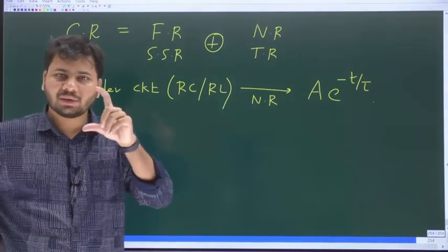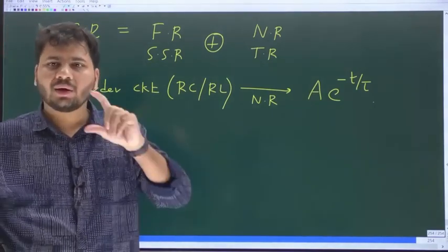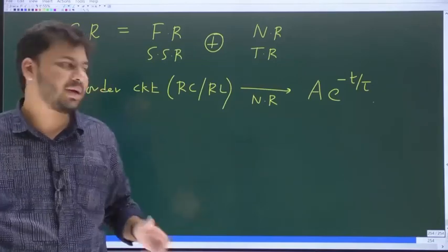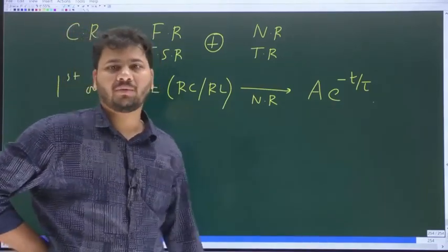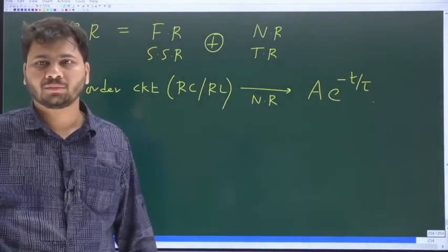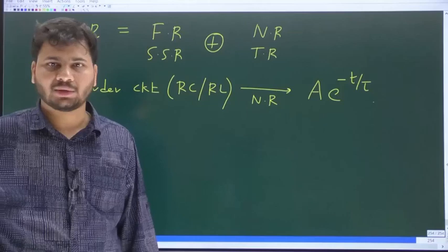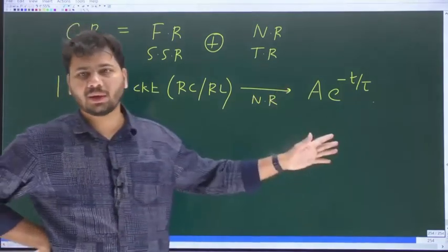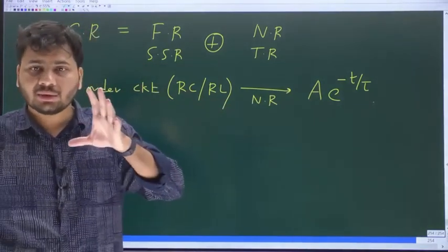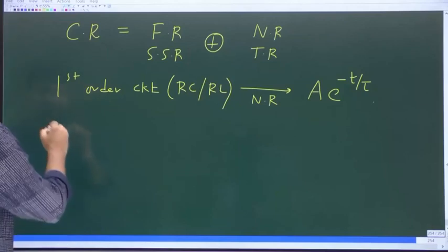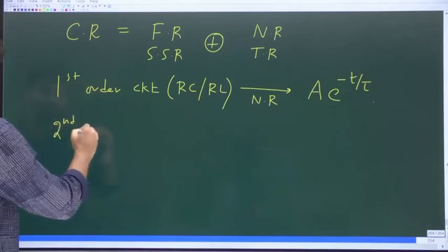As long as you have the RC circuit driven by any kind of source, the transient or the natural response is always going to be of the form A times e power minus t by tau. Okay. So the point is the form of the natural response only depends on the nature of the circuit and not the nature of the source.